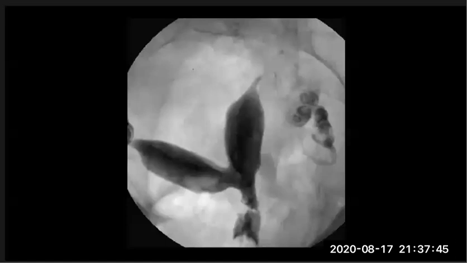What is the examination here? Any volunteer for this case?